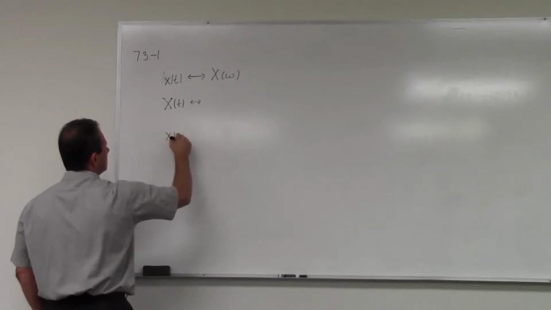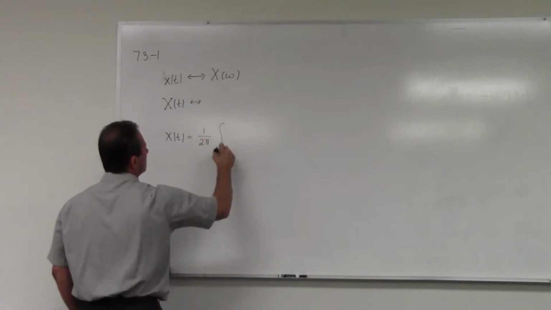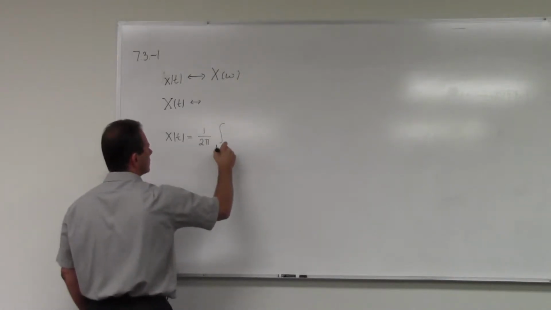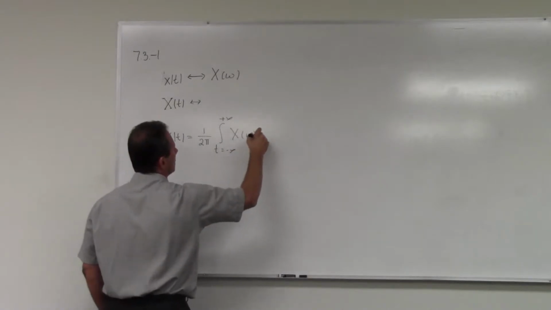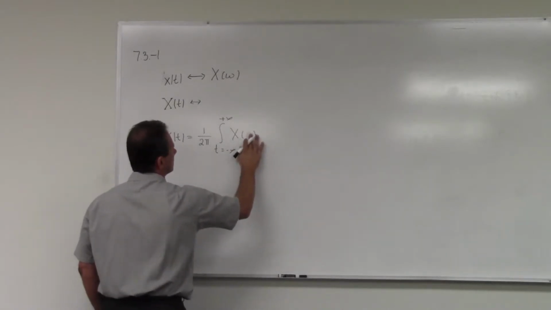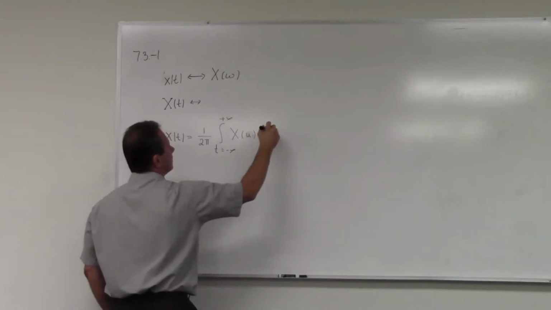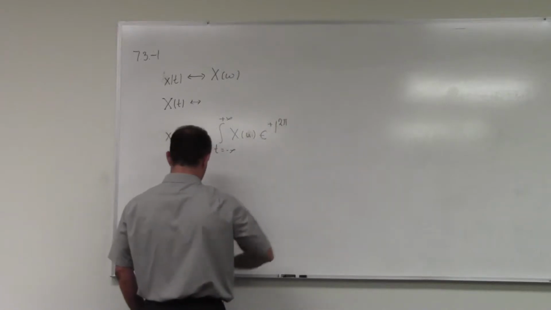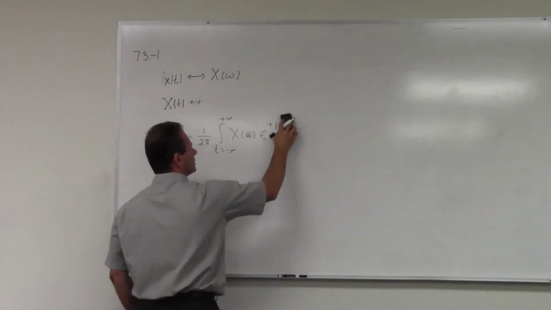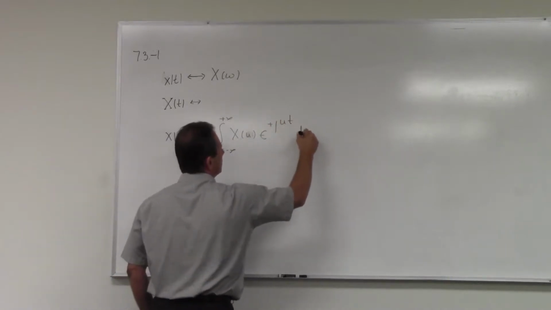x of t is equal to 1 over 2 pi, integral from minus infinity to plus infinity, of X of u e to the plus j u t du. I'm going back to my communication stuff.